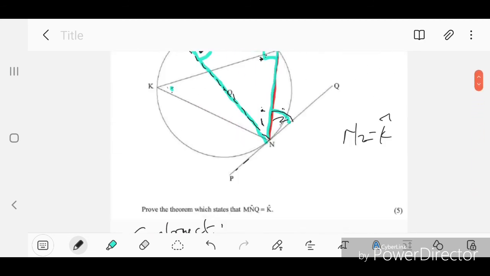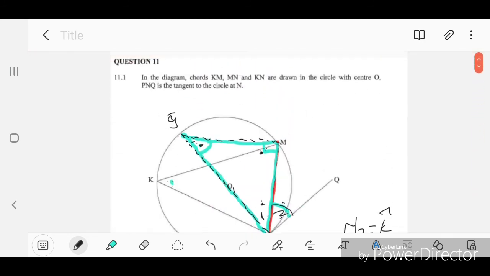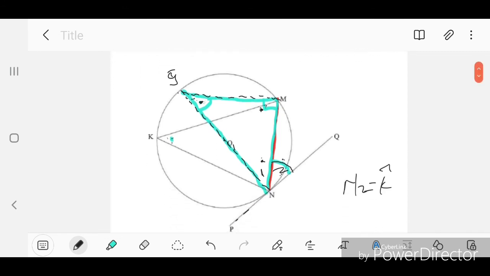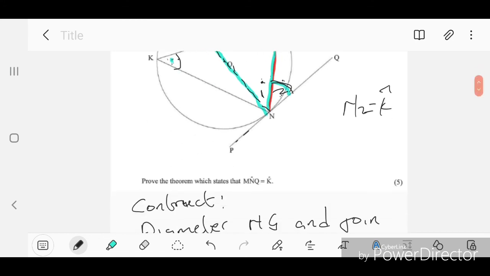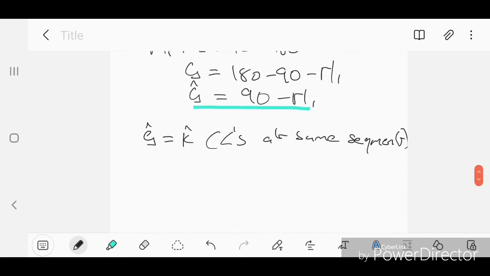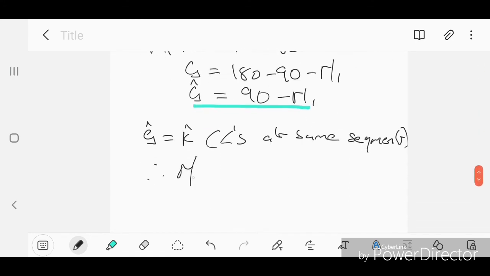Angles at same segment, because they are supported by that same chord. Therefore, since these two are equal, that means K equals 90 minus N1. So this and this are proved to be equal. So N2 equals K. And I'm done proving the theorem.